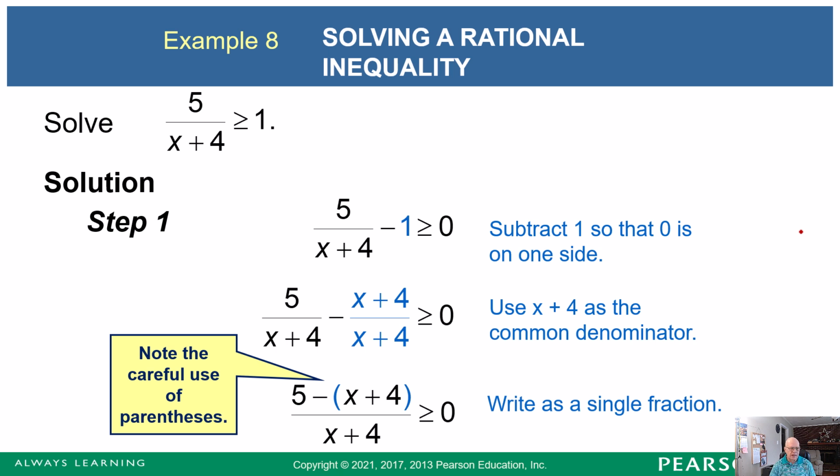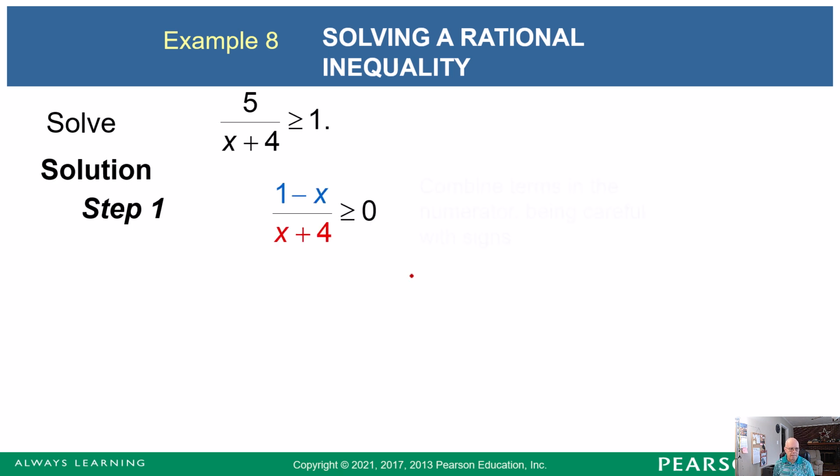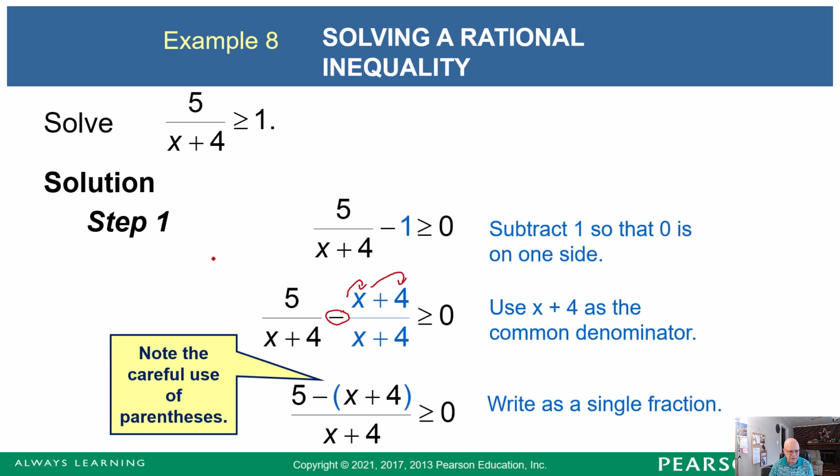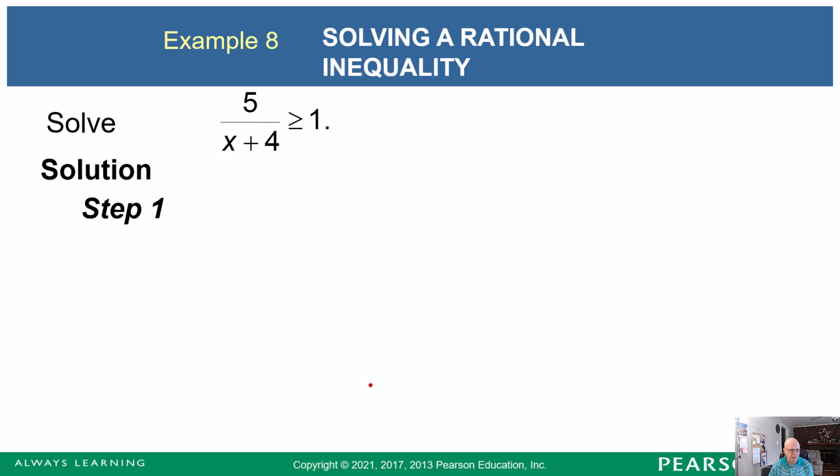Notice that this minus here is going to mean for us that both the x and the 4 have a sign change. When we add those together, we'll have 1 minus x over x plus 4. Not sure about that? Remember, you've got 5 minus 4 and the minus x. Let's go back.